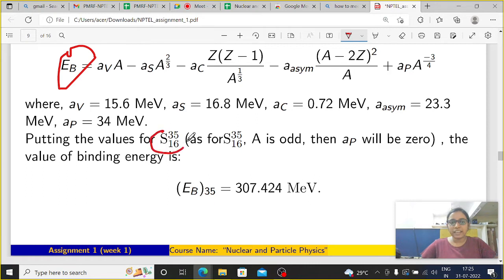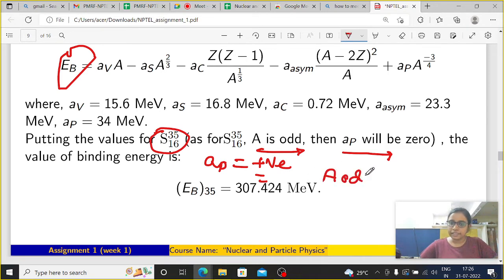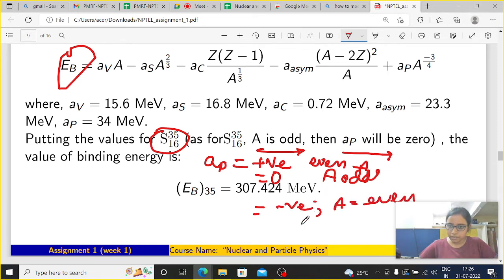For S-16-35, as I already mentioned, A is odd here, so a_P will be 0, because when A is odd, then only a_P will be 0; and the sign is negative when A is even but N and Z are odd.